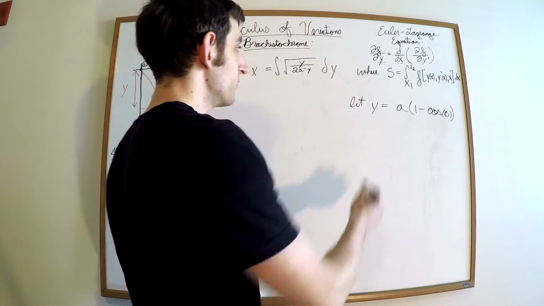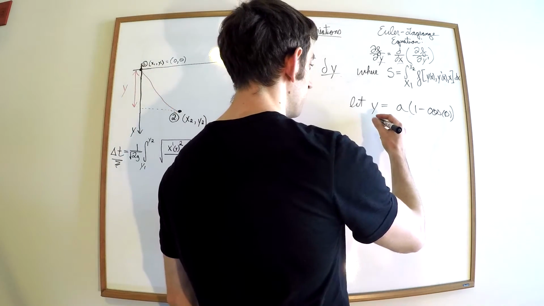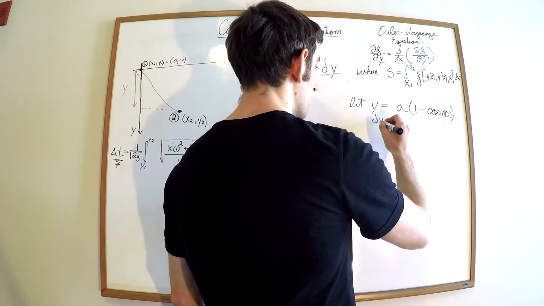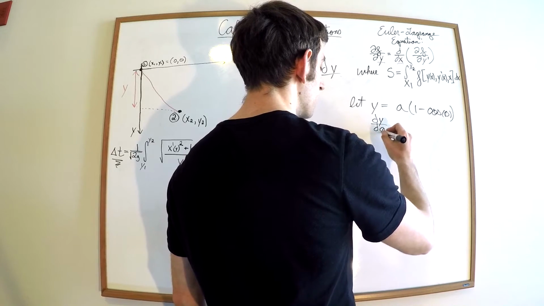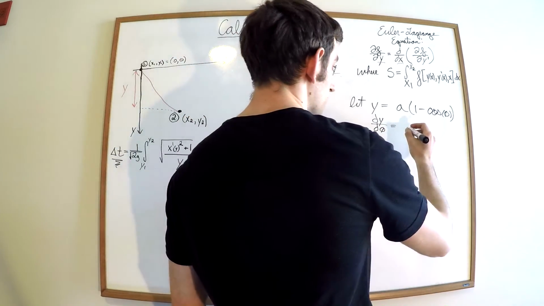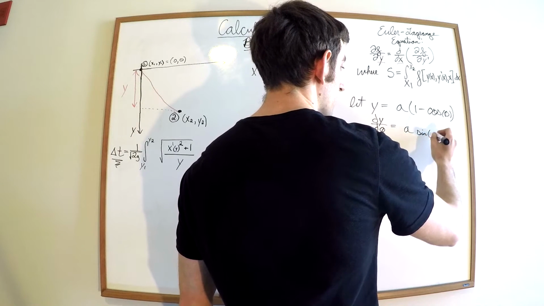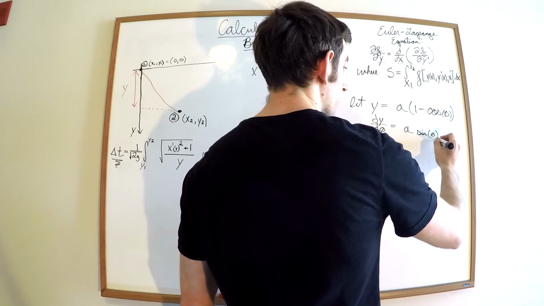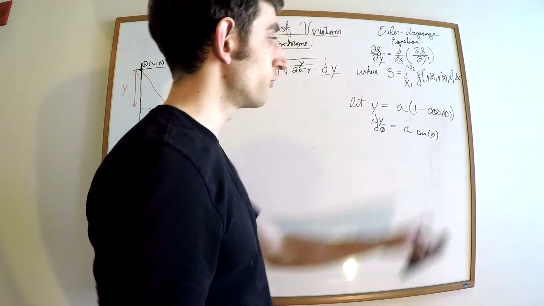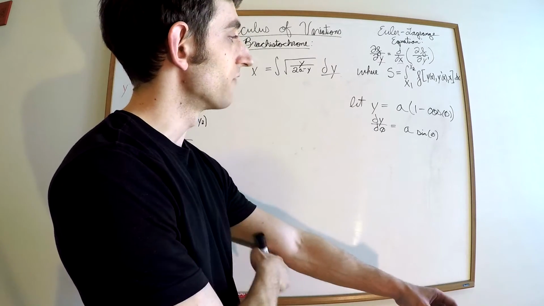So what we need to do is figure out how to replace the dy too. So we need to take the derivative: dy d theta is equal to a sine theta. And that is because when we differentiate cosine, that gives us a negative sign, so the negative drops away.